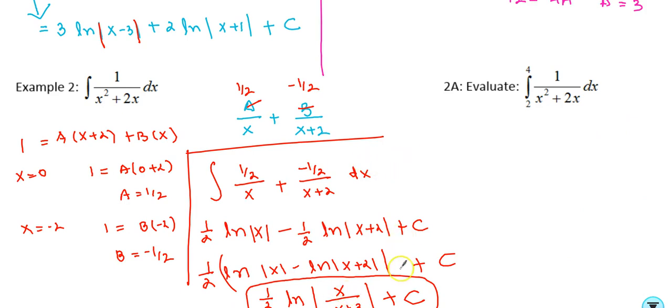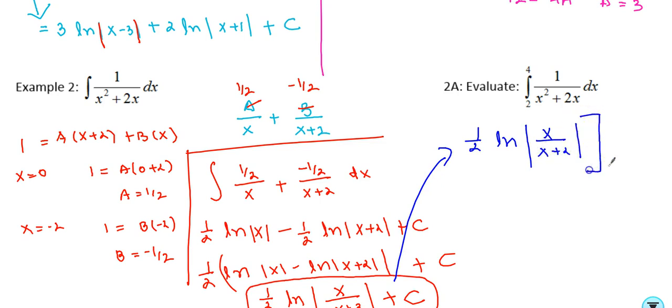So I'm going to bring this answer here: 1/2 ln of x over x plus 2, with bounds 2 and 4, which will be 1/2 ln, if I substitute 4, that becomes 4 over 6, minus 1/2 ln, if I substitute 2, it becomes 2 over 4.